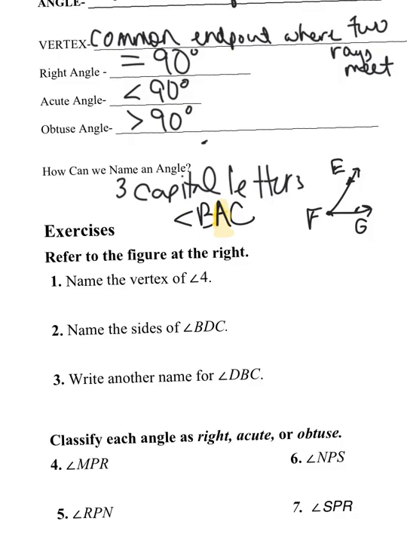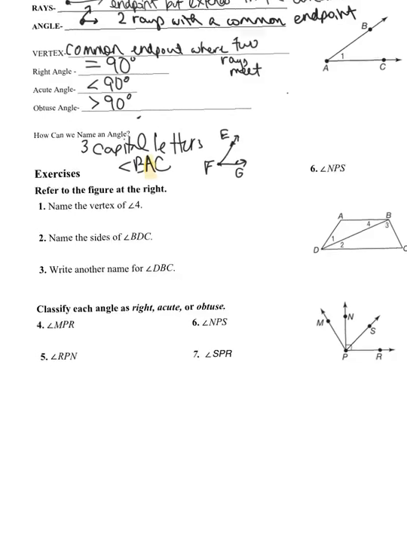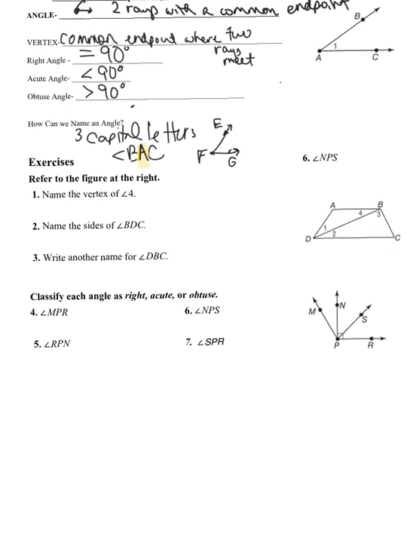So now we're going to go to this image, and we're actually going to start naming some. So we have this image right there. It's a quadrilateral, but I'm going to look at how I'm going to name these. So it wants me to look at the vertex with angle 4. So angle 4 is right here. If I were to name an angle, that letter has to be in the center. So what letter is touching that one? B. Now I can't just call it angle B because angle B is part of 2 different angles.